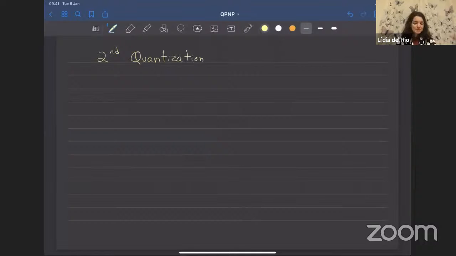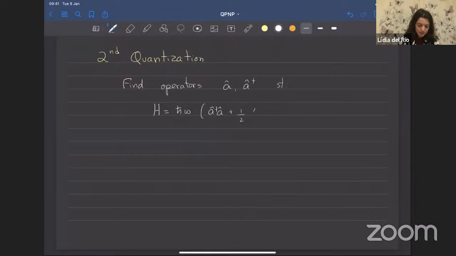We will find some operators, an operator A and its transpose conjugate, such that we can rewrite the Hamiltonian as some constant, and then in terms of these operators, plus something like this.